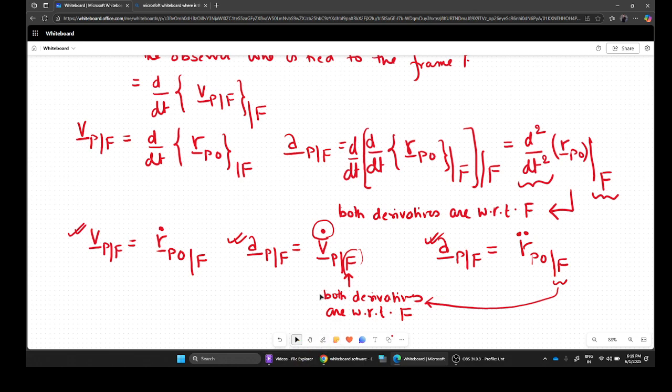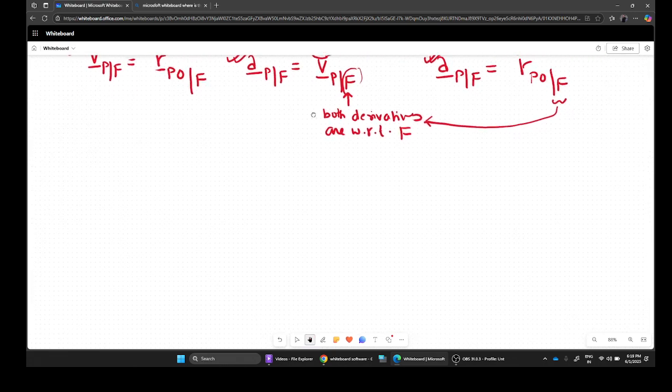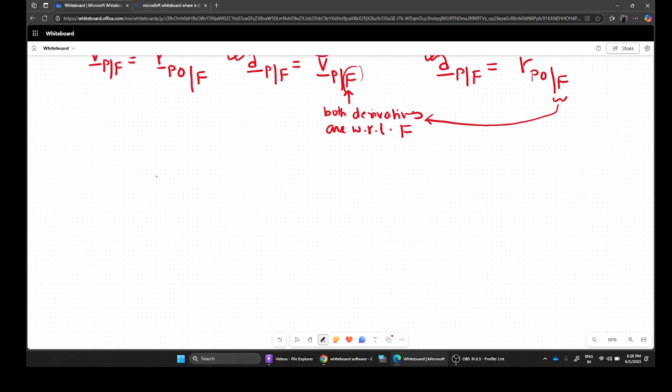It is important to note that the acceleration vector of a particle with respect to F is precisely this quantity.